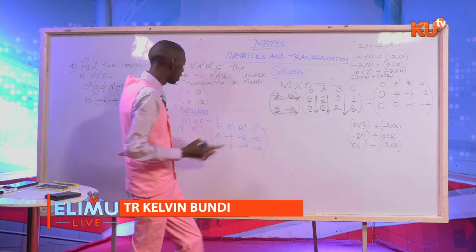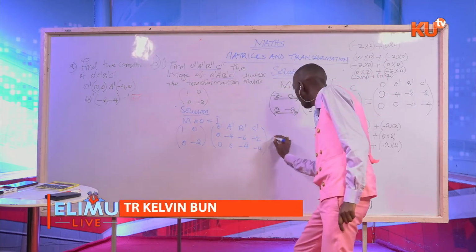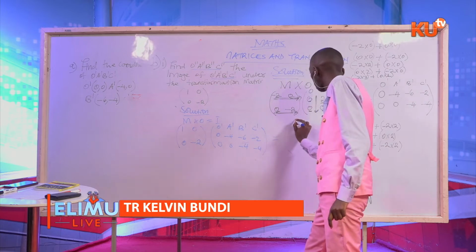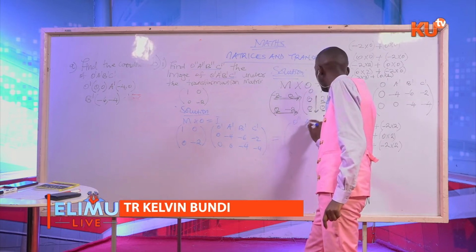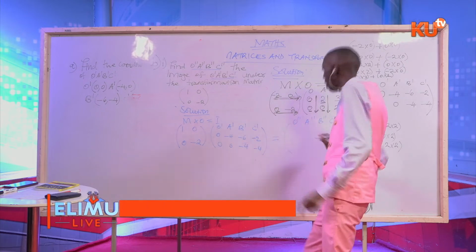This will give us the double prime, O double prime, A double prime, B double prime, C double prime.